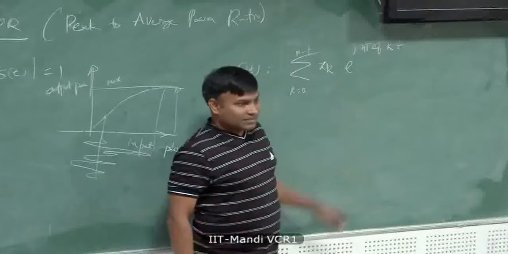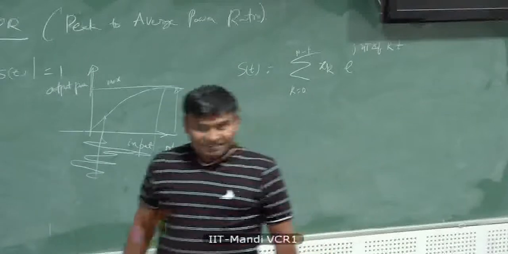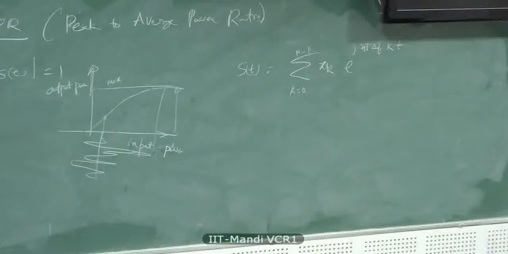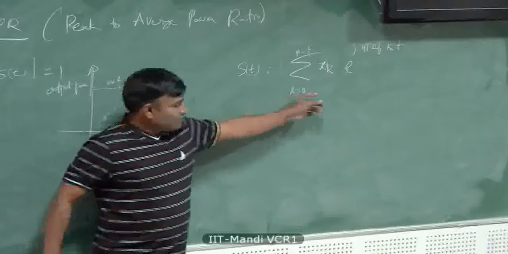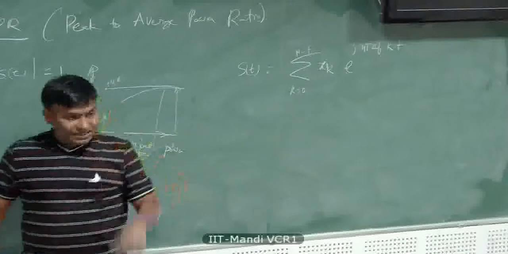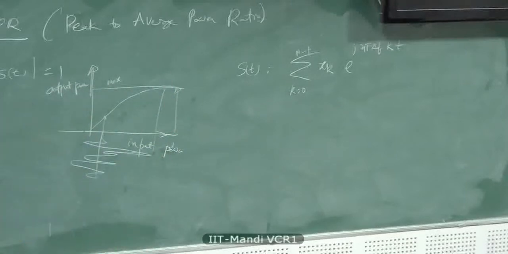What do you think it will produce? Something like a Gaussian random variable, say if you invoke the central limit theorem there. The amplitude S of t will behave like a complex Gaussian random variable. That means it can take a value around a mean and then a lot of swings.